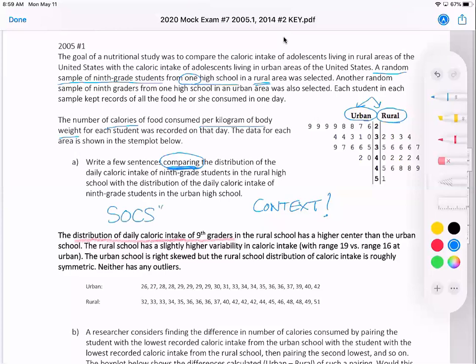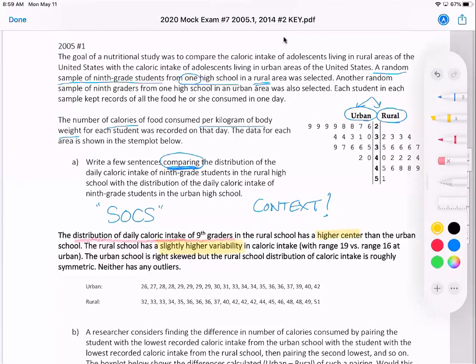With quantitative data, like in dot plots, box plots, stem plots, you do SOCs. So let's highlight some things. We have a higher, comparative word, higher center for caloric intake in the rural school than the urban school. There's slightly higher variability for the rural school. I calculated just to check, it's only slight.